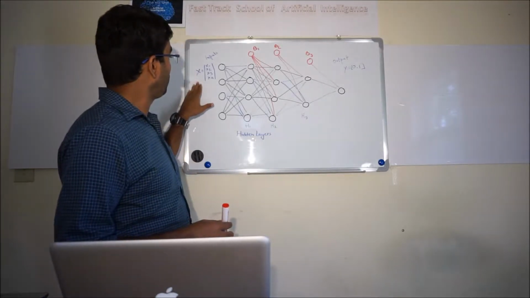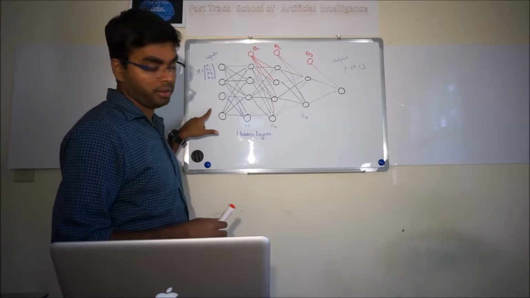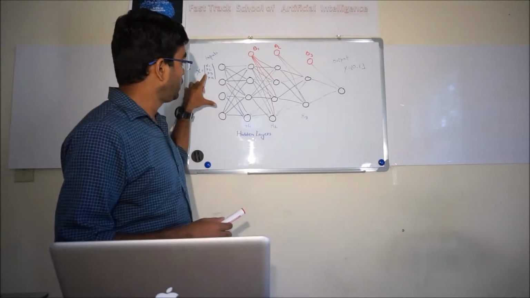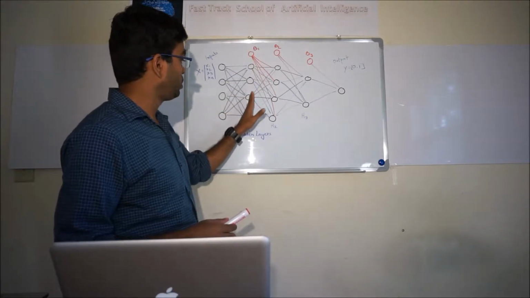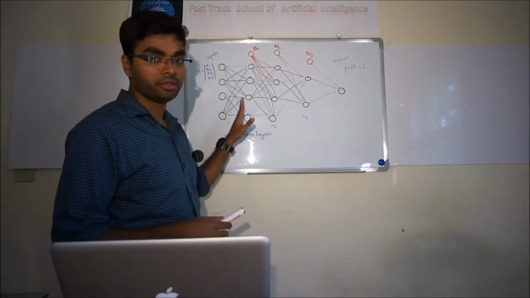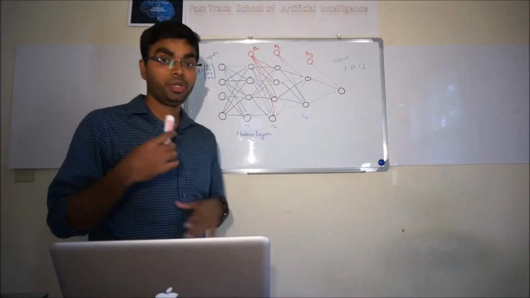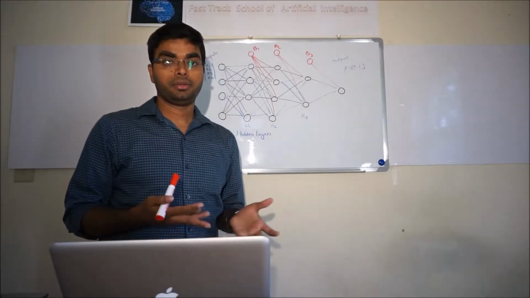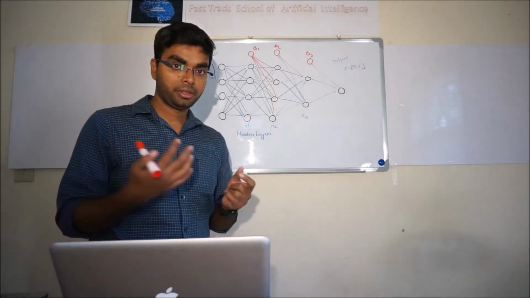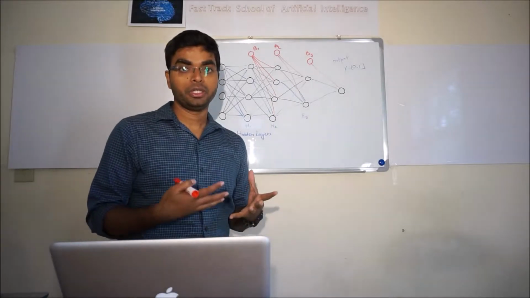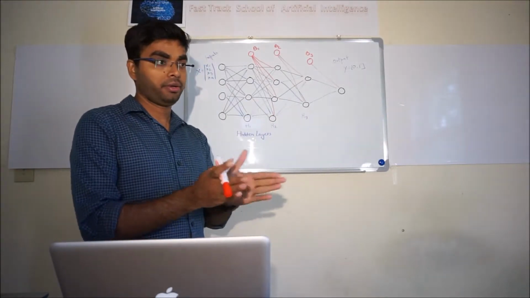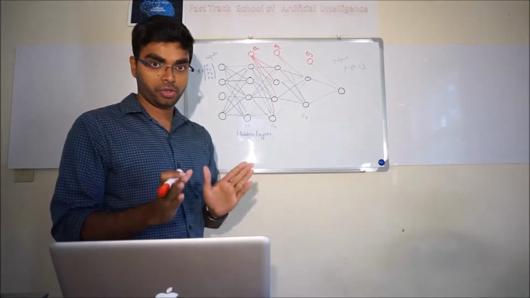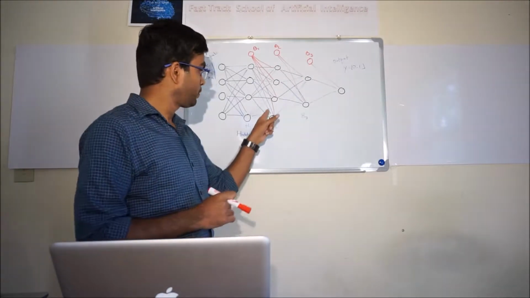We have 4 neurons, basically 4 input values, and we are passing those inputs to each and every individual neuron in the first hidden layer. They do the calculations, create the output from their activation functions, and pass those values to each and every individual neuron in the next layer.